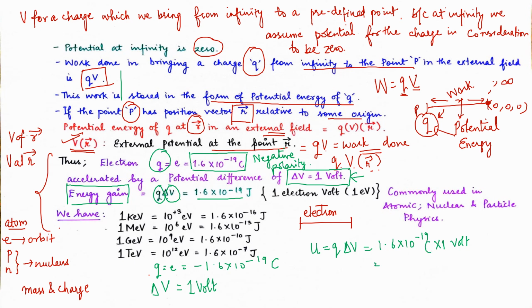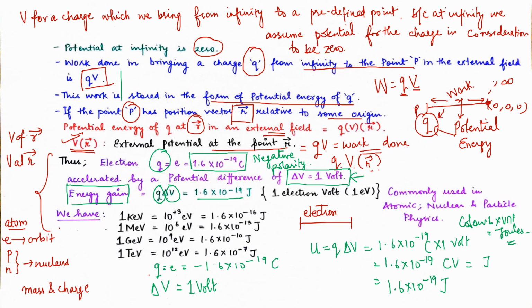Now when we multiply, it will be 1.6 into 10 to the power minus 19 coulomb volts. Now this CV equals joule, coulomb into volt equals joules. So it will turn out to be 1.6 into 10 to the power minus 19 joules.